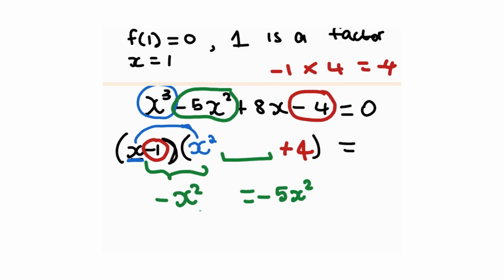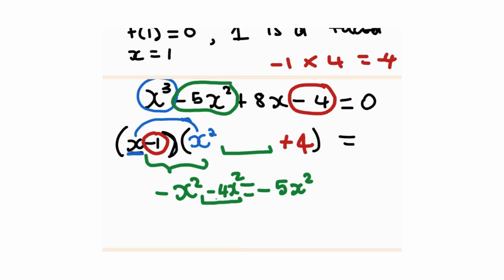And then you are saying, what can I add or subtract to -x squared to get -5x squared? -4x squared is going to give us that. So -x squared, -4x squared is -5x squared.